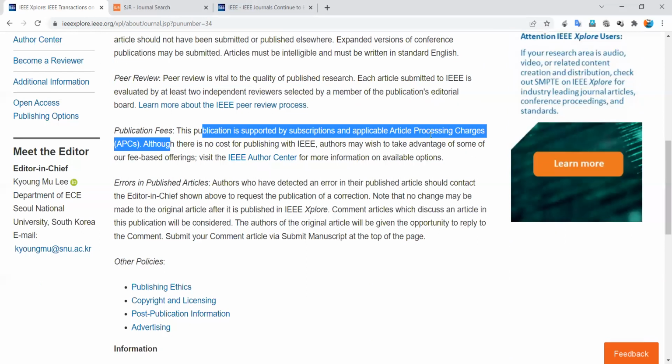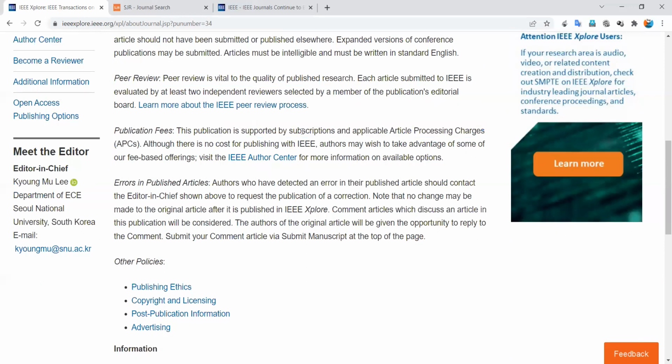So here the article processing charges or the subscription charges are mandatory, and additionally the extra page charges might be there if your manuscript is longer than the length stated by the guidelines of the particular journal or transaction.